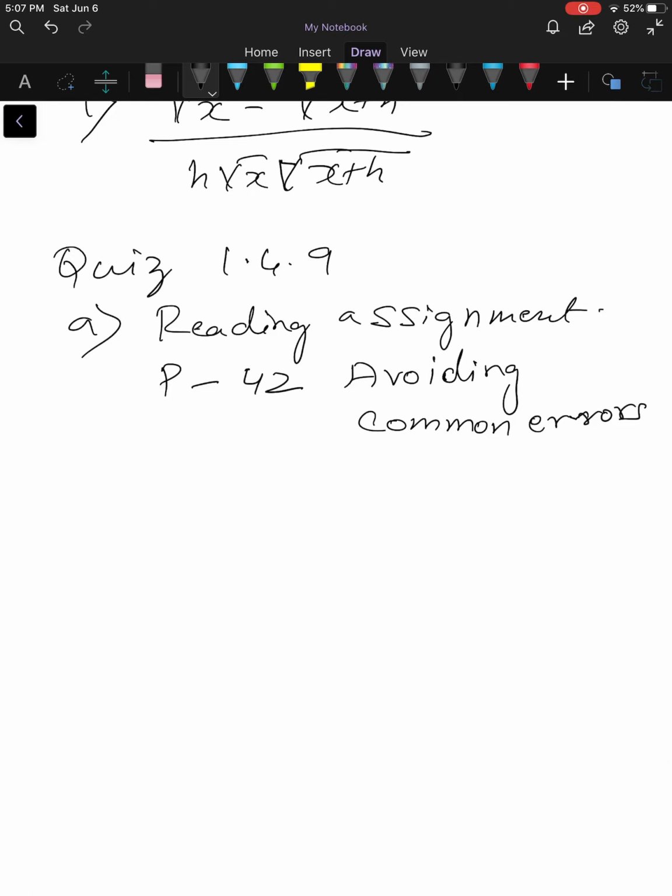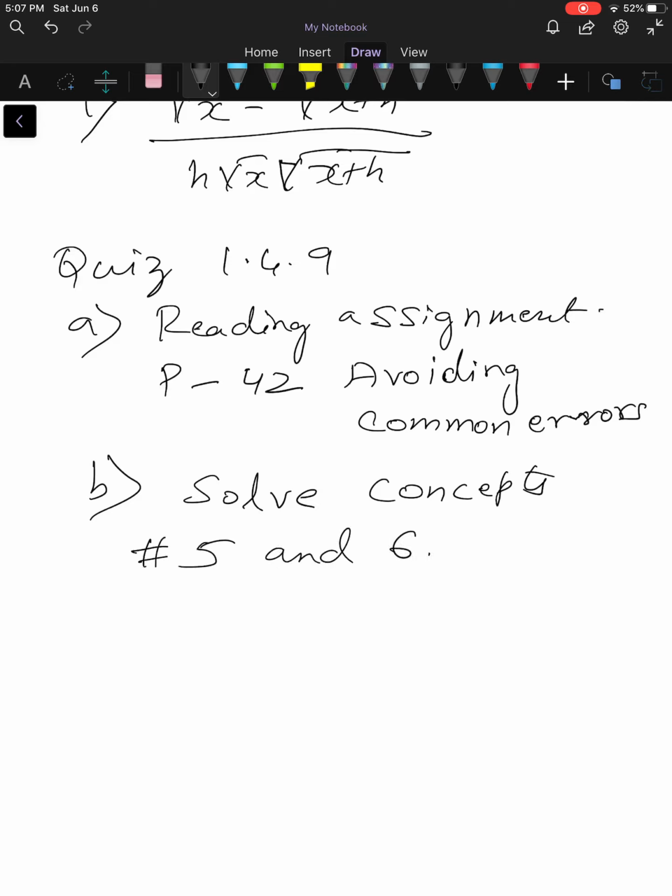Read that and understand it, there are plenty of examples as well as the correct multiplication property and the errors that students tend to make while simplifying. And the second one is to solve concepts. The beginning of the exercise has concepts problems. So solve concepts numbers 5 and 6.